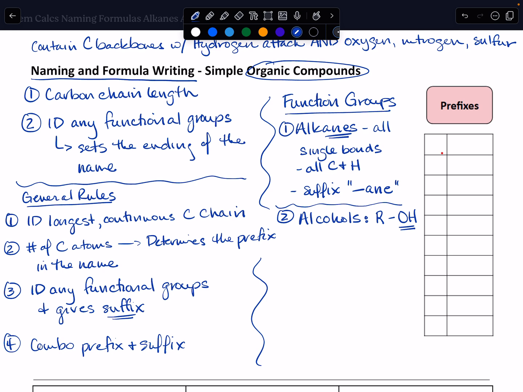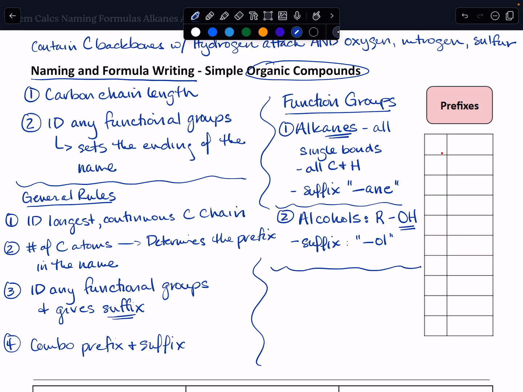So R would be the carbon chain and the OH is the functional group. All right. So here, the suffix is going to be OL. So ethanol, propanol, hexanol. All right, so if you see that OL ending in your name, you know you have an alcohol.